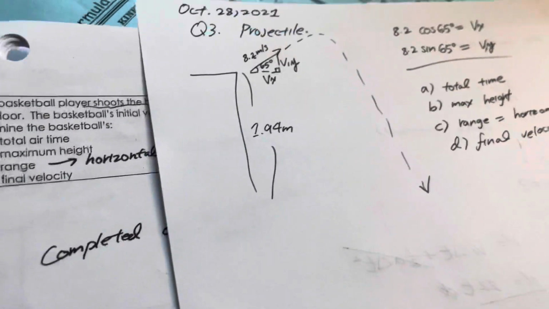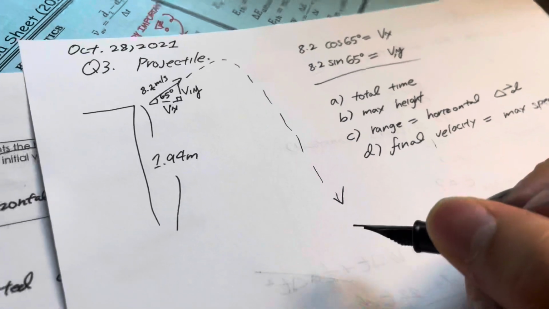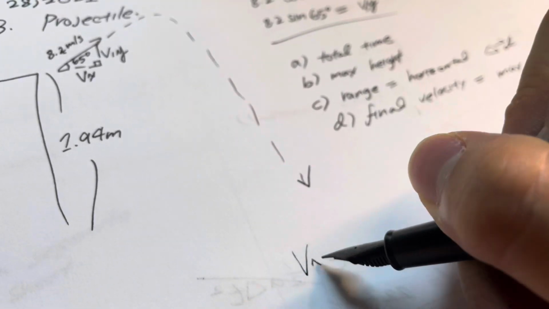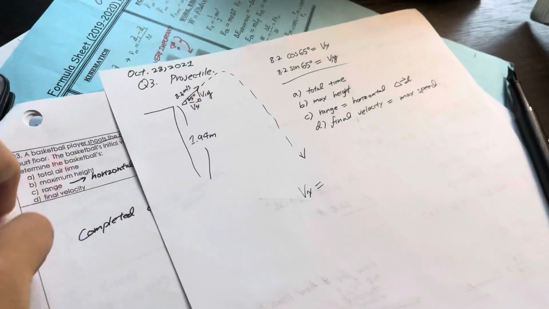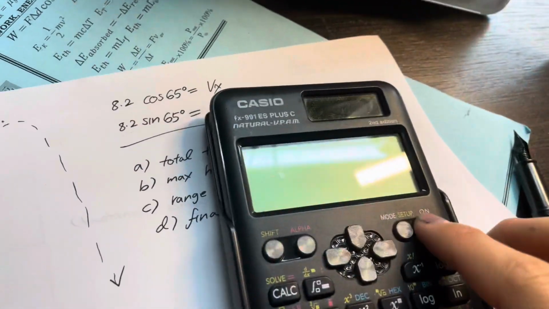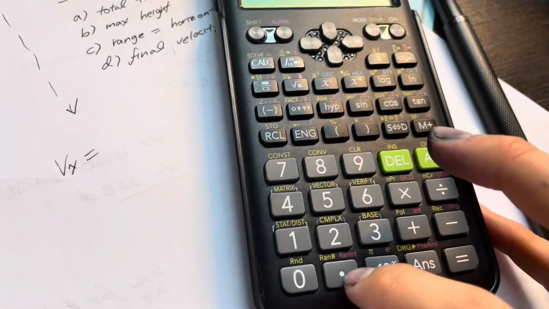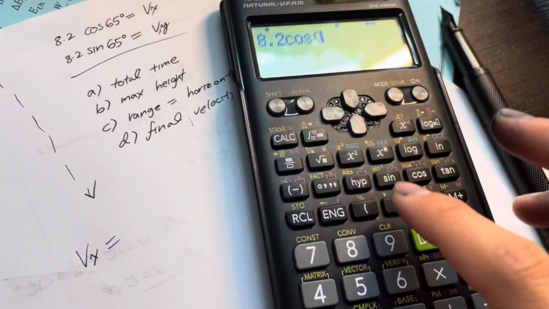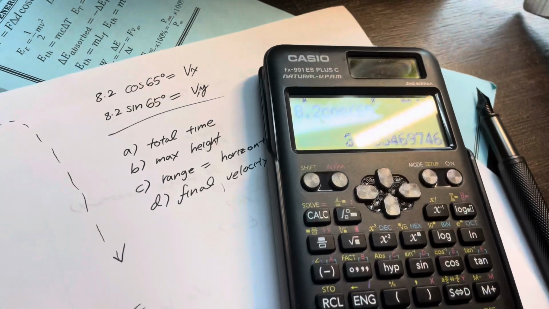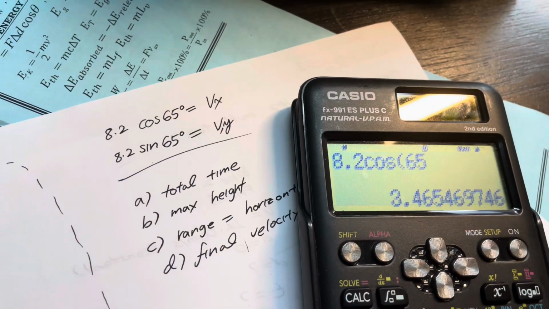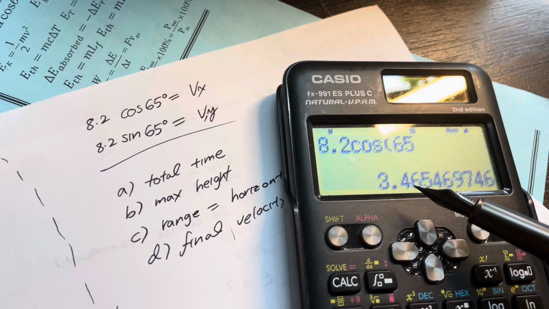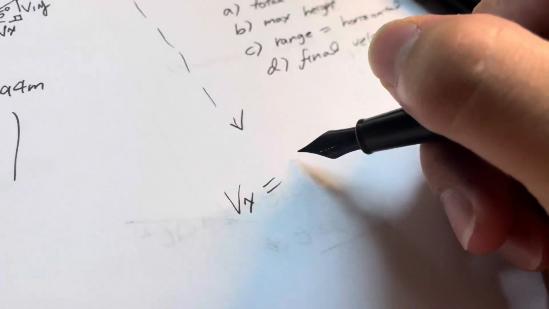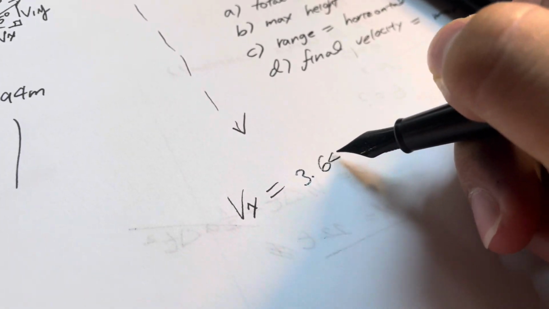let's get the values. What do we know? Vx is what? Grab your calculator. 8.2 cosine 65 is, okay, 3.465. I'm just gonna write 3 digits after the decimal point. 3.465.